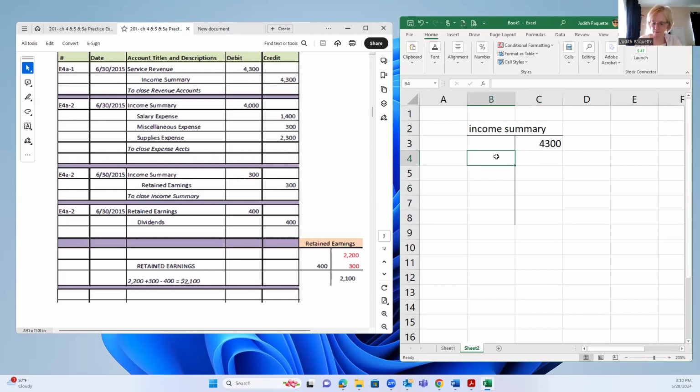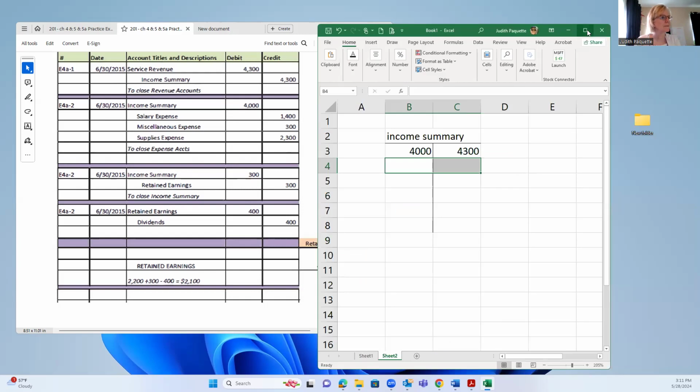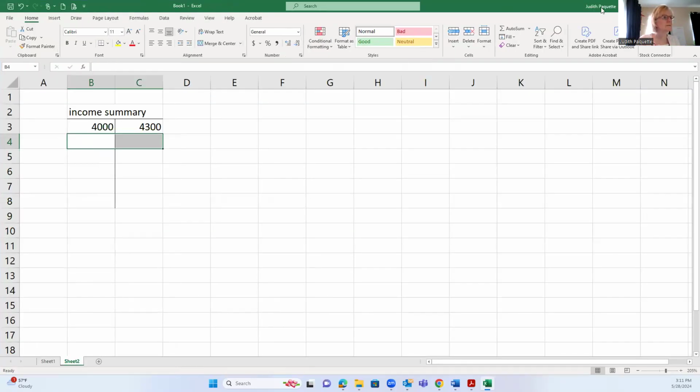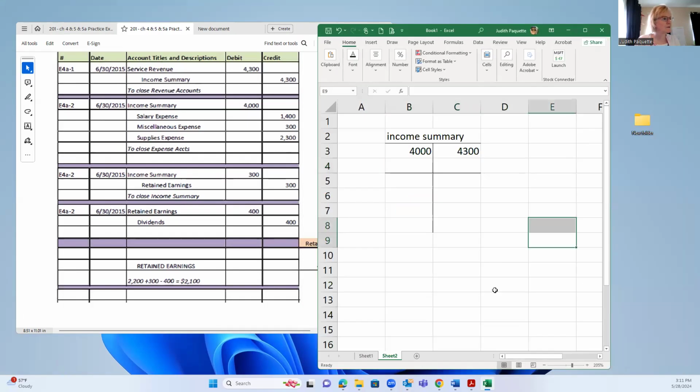And you can put it like that. Okay. And now we're just about done with income summary. So we're going to run a quick subtotal on income summary. Let me just underline that. And so what's the balance in income summary right now?